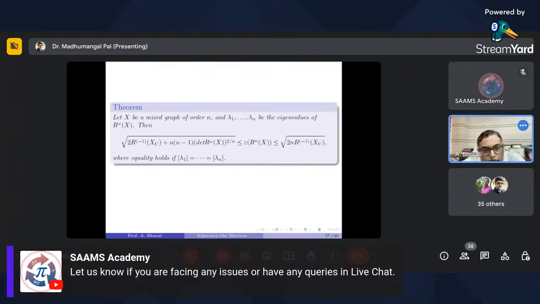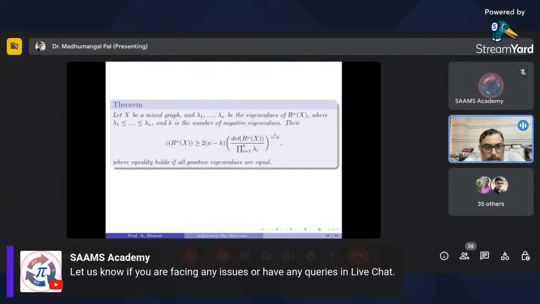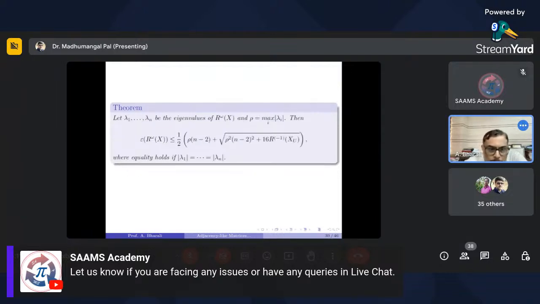X_u is the underlying graph, and R to the power minus 1 is basically coming from the generalization of Randic matrix, where alpha is equal to minus 1, just mentioned in the last slide. And this is the result. This is another result, which is basically a lower bound and a relation between the energy and the determinant. This is another result, which is an upper bound.